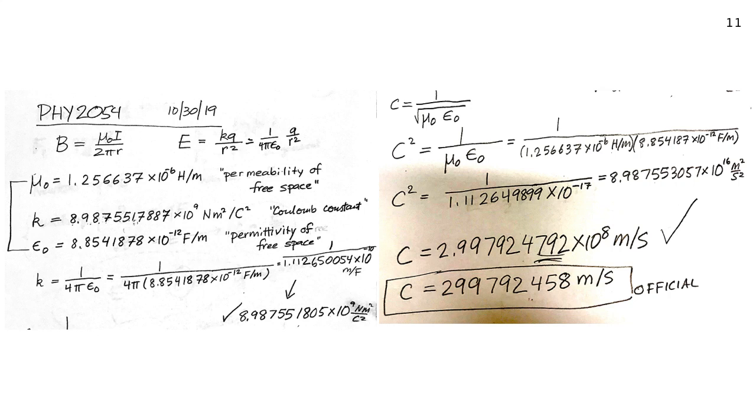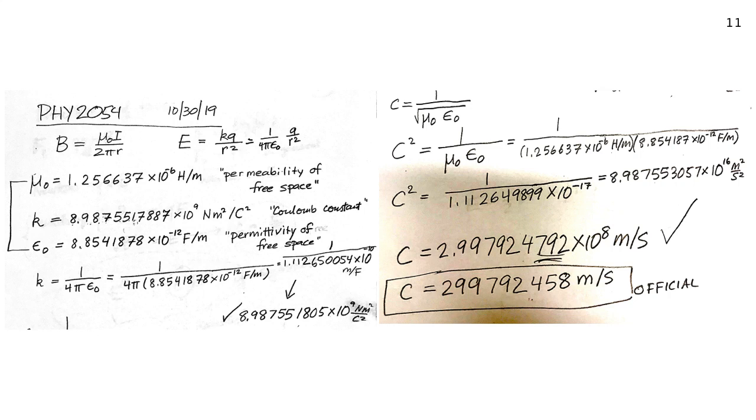They were thinking about capacitors when they did that, dielectrics inside of a capacitor. And same thing with the mu naught. They were thinking about inductances and putting stuff inside of a coil, I guess. So that's what they were thinking about.